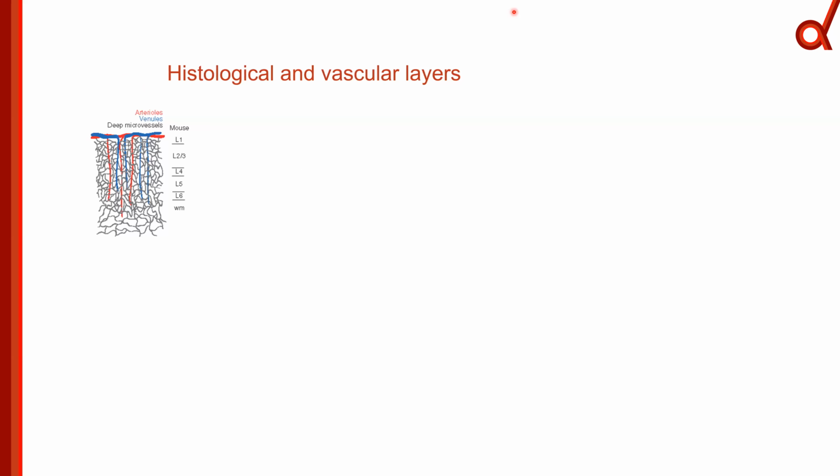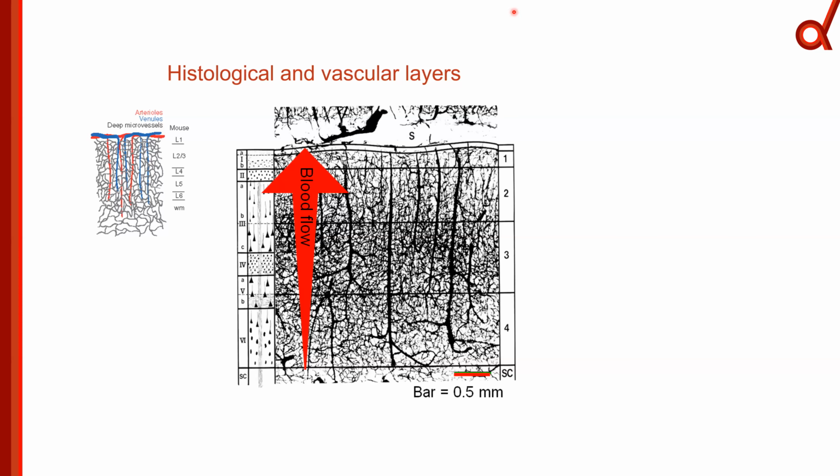And a lot of this stuff started off in rodents, and I know you've had an anatomical lecture from John, so I'm not going to repeat it. But what I'm particularly interested in the first part of this lecture is the vascular structure. If you look at the vasculature, we have a mass of vasculature on the pial surface, and then we have descending arteries and veins.